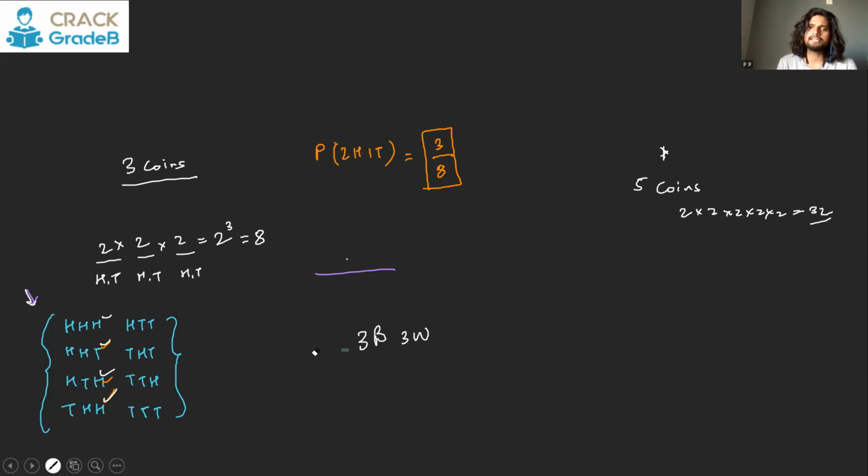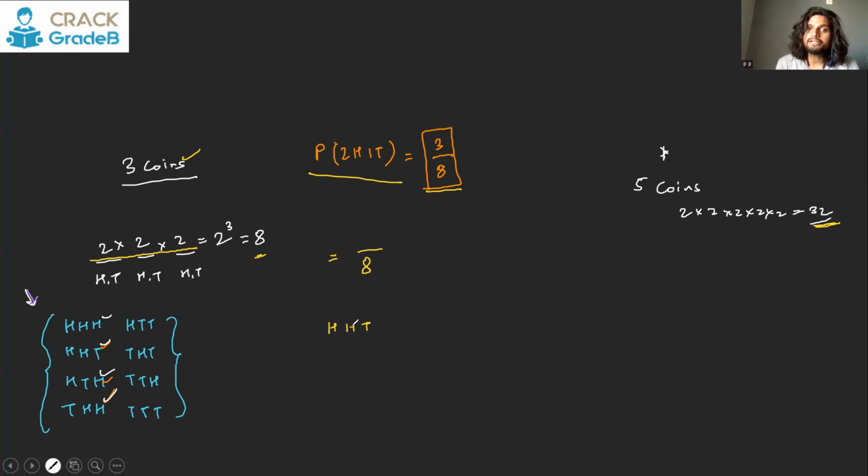So again, we'll consider first the same example. If 3 coins are tossed, what is the probability of 2 heads and 1 tail? So total cases, obviously you can write with the help of 2 into 2 into 2, as we did here as well. Now you want 2 heads and 1 tail.